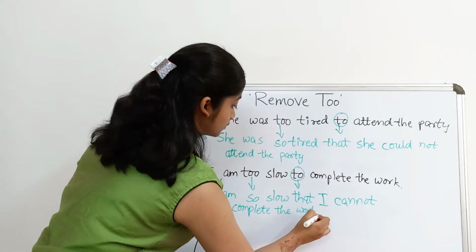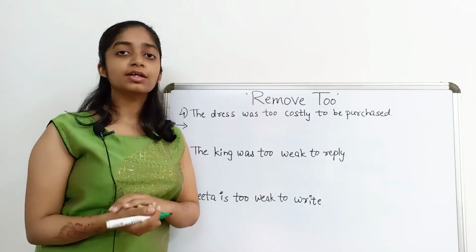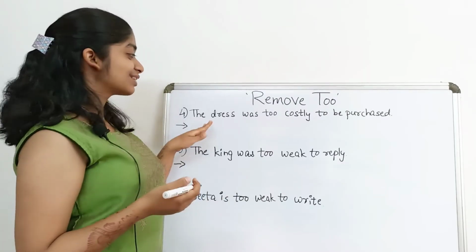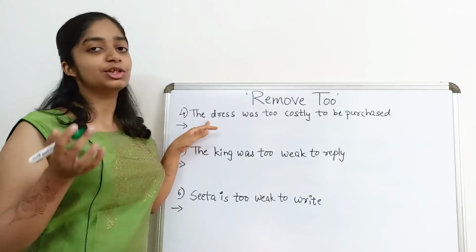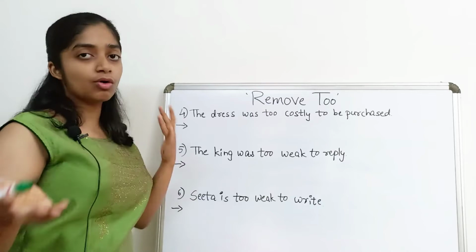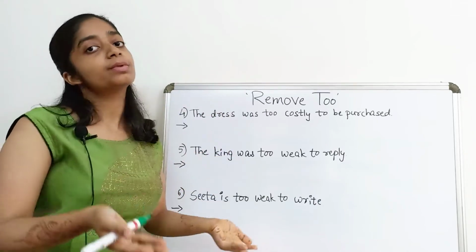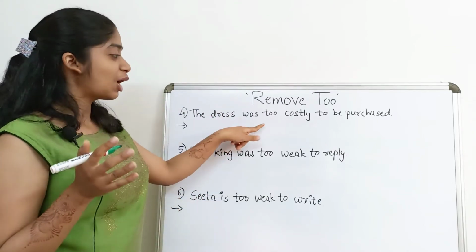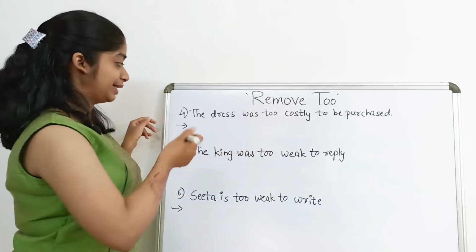Let us quickly have a look at a few more examples. The dress was too costly to be purchased, which means the dress was so costly that we cannot purchase it. Now, how are we going to remove "to" in this sentence?